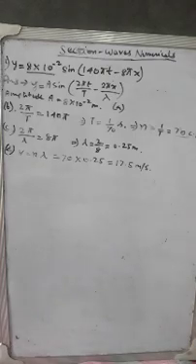Its amplitude, frequency and wavelength are given respectively. The amplitude is 0.10 meter, the frequency is 500 hertz, and the wavelength is 1 meter.